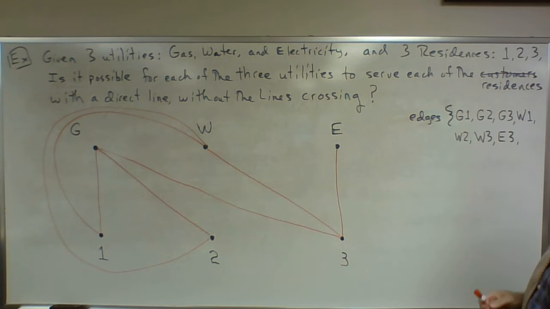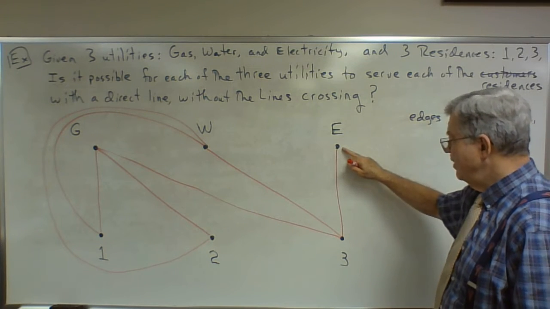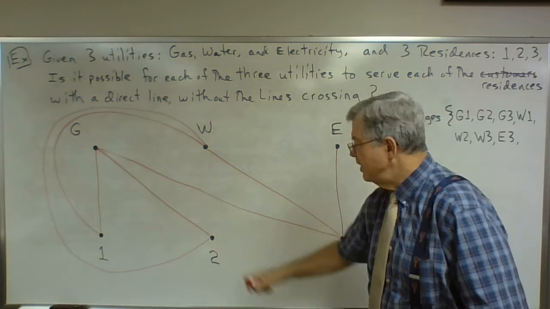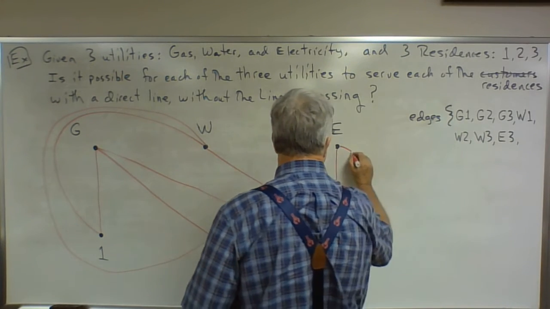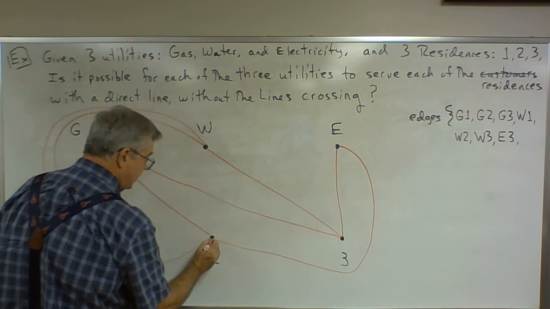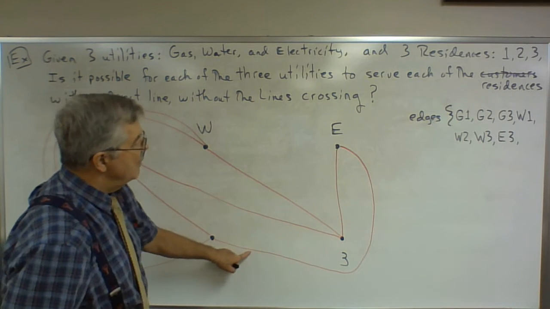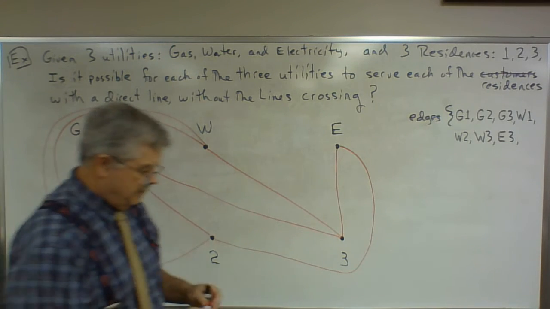And can I get electricity going from the power company to resident 2? I sure can. Here's my power cable. And this is an edge going from vertex E to vertex 2.